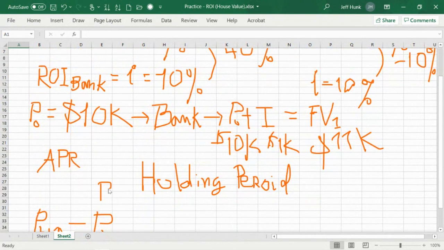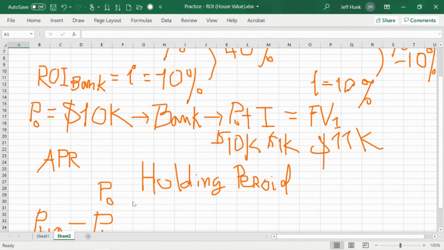So you bought Amazon today, and the price of Amazon at time 0 is $100. When you say price, it's per unit. Of course, it's per share. Price is always per share.